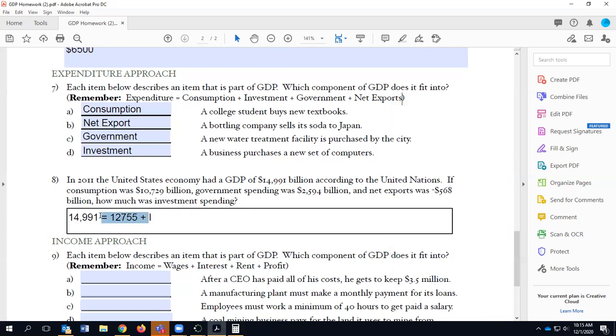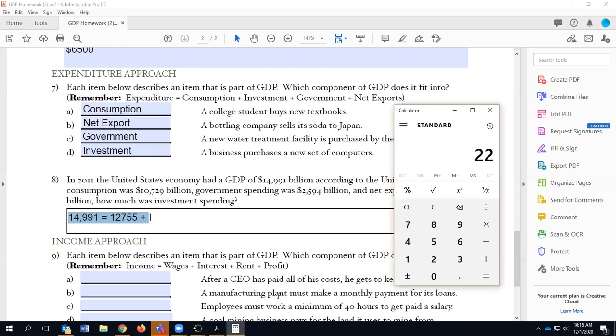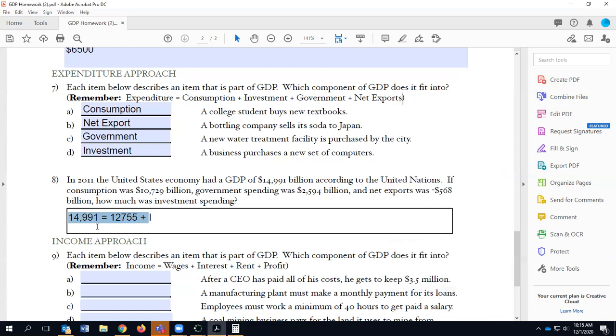And that leaves us with 2,236. Make sure that you put in your dollar sign and let me know that it's in billions of dollars.